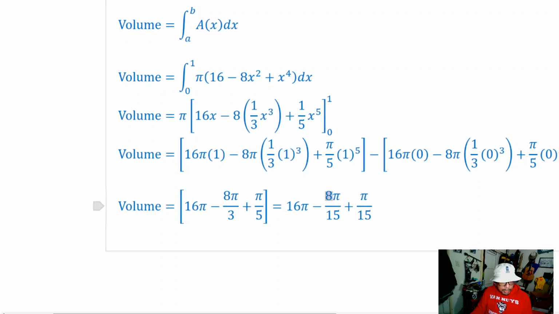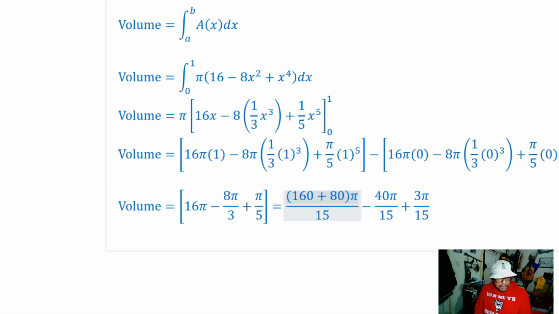This first one I'm going to need to multiply by 5, so 5 times 8 is 40. This one I'm going to have to multiply by 3, so 3 times pi is 3 pi. And I don't see a way around it, so we'll have to put this one over 15 also. So we're going to have to multiply this numerator also by 15. That's the same thing as 10 plus 5. 16 times 10 is 160. 16 times 5 is 80.